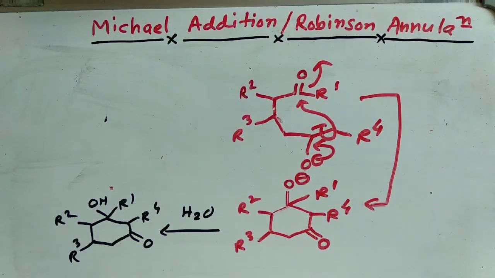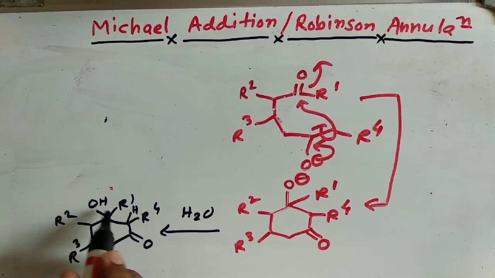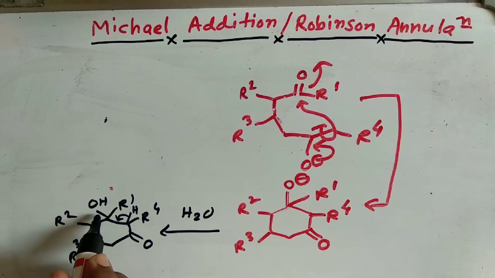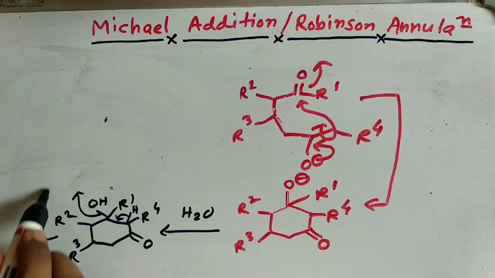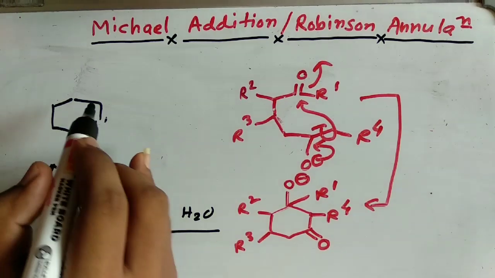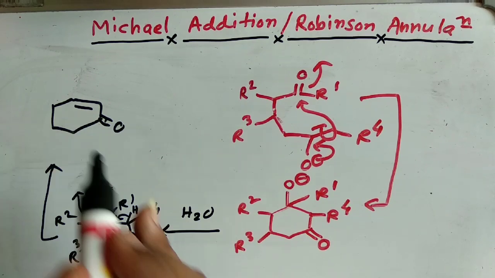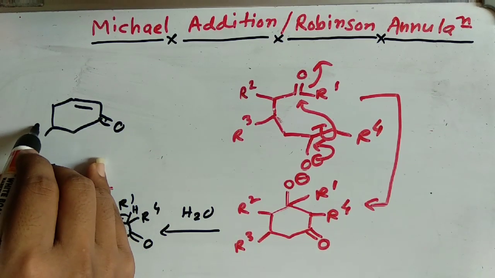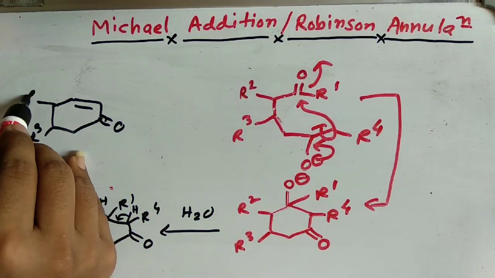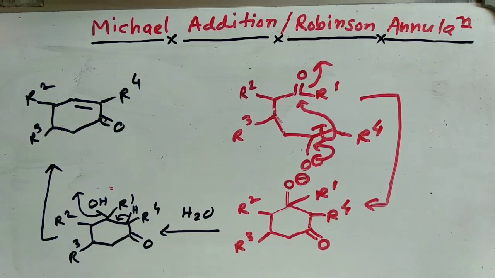So you can think that there is one hydrogen over here and OH over here, and because of this, after that we get the product like this: this is R3, this is R2, this is R4, and this is the final product we get.